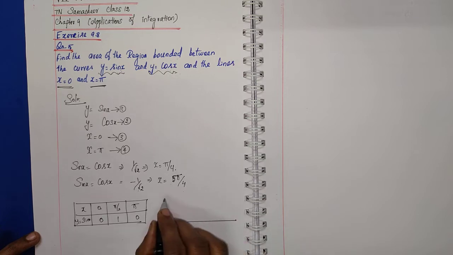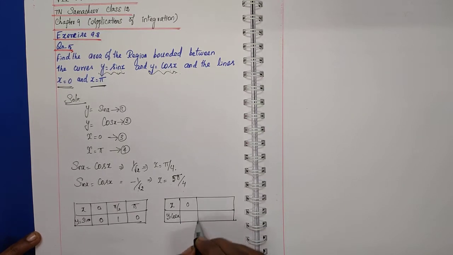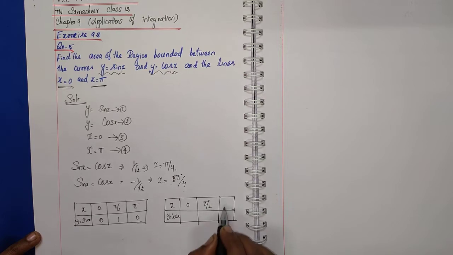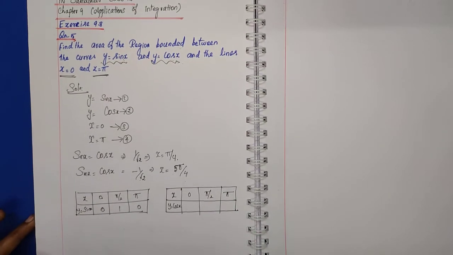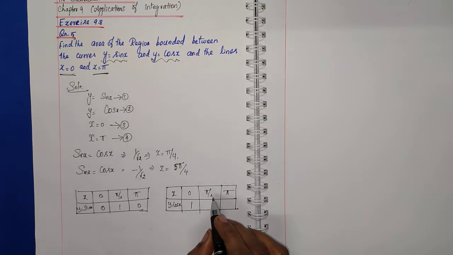And same way for the cos x curve: x is 0, pi/2 and pi. Cos 0 is 1, cos 90 is 0, cos pi is minus 1.